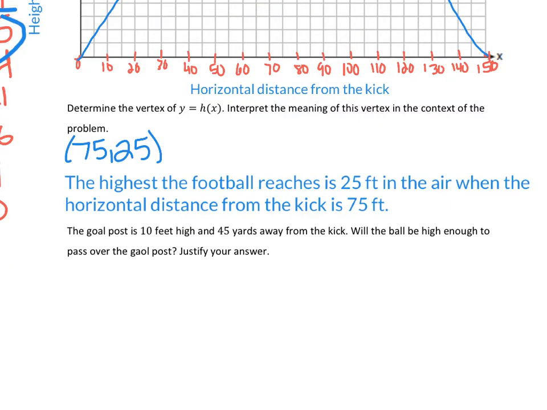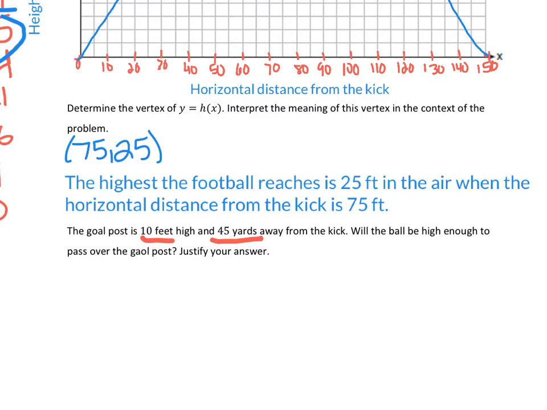The goal post is 10 feet high and 45 yards away from the kick. Will the ball be high enough to pass over the goal post? Justify your answer. Now, hopefully you recognize this right away, but it says 45 yards and 10 feet.